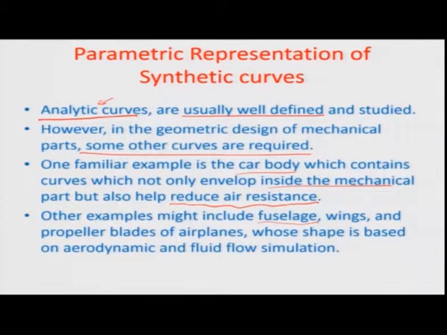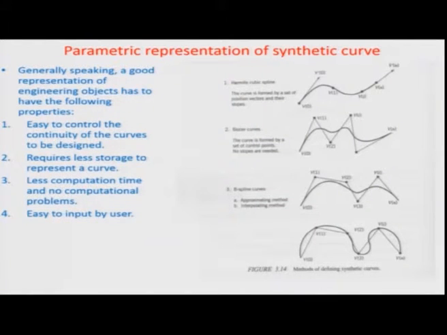So, in order to represent such curves, we use not a single curve, but a bunch of different curves. Generally speaking, a good representation would have properties related to controllability, as regards the continuity of these curves. So, whatever system we want to design should have this aspect.